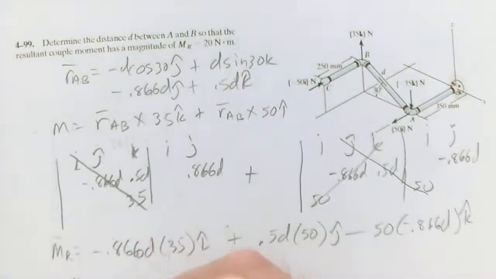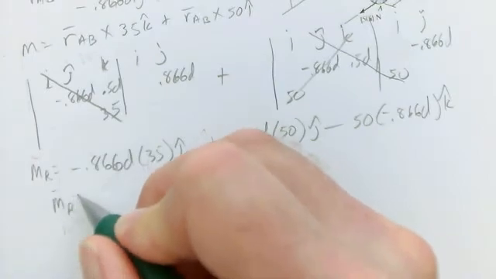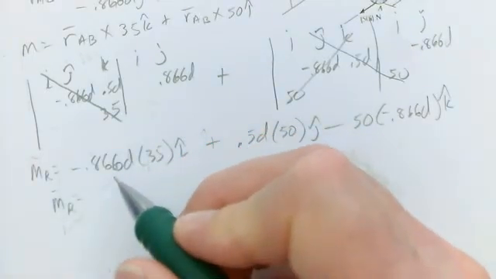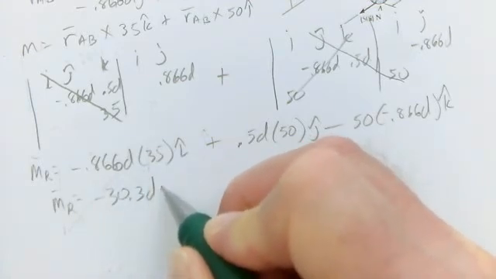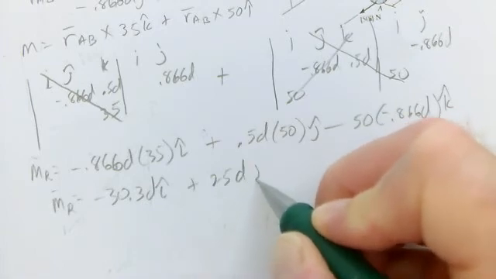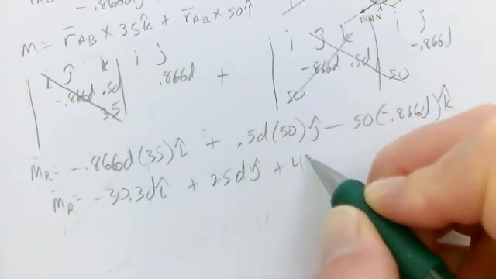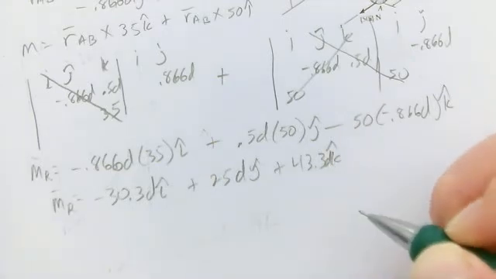So the resultant moment is equal to negative 30.3 D in the I plus 25 D in the J plus 43.3 D in the K.